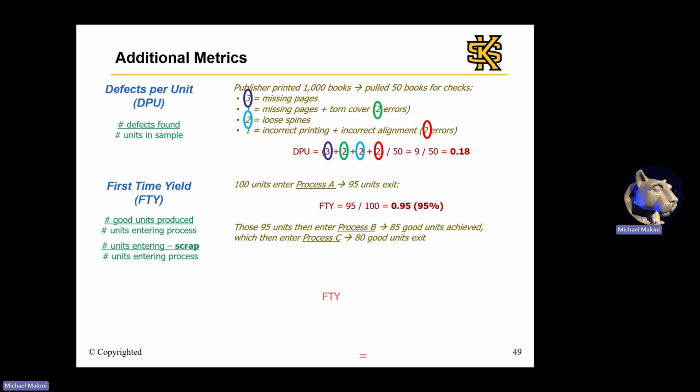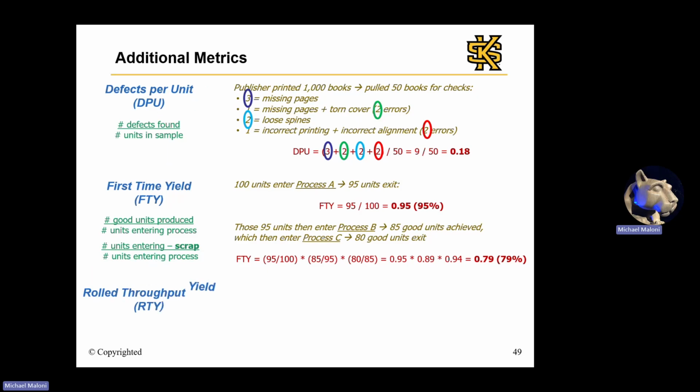That means the first time yield is 95 divided by 100 for process A, 85 divided by 95 for process B, and then 80 divided by 85 for process C. So 0.95 times 0.89 times 0.94 is 0.79. 79% first time yield across processes A, B, and C.